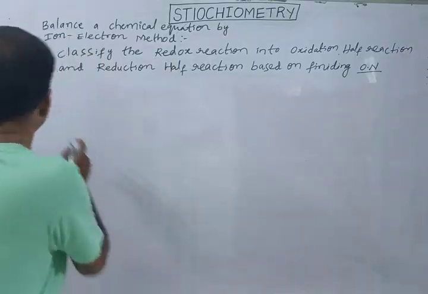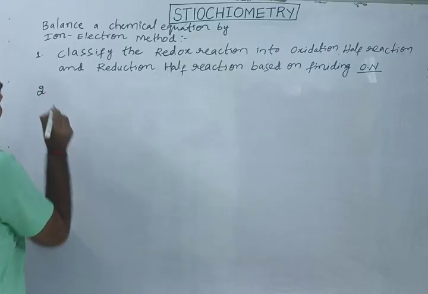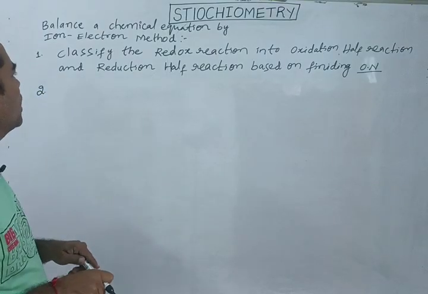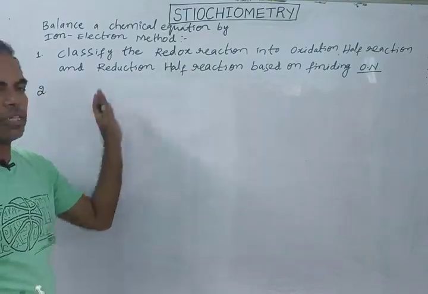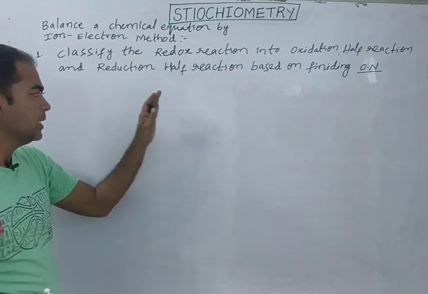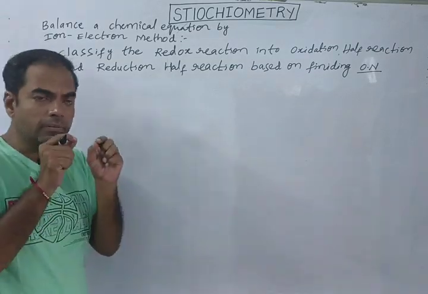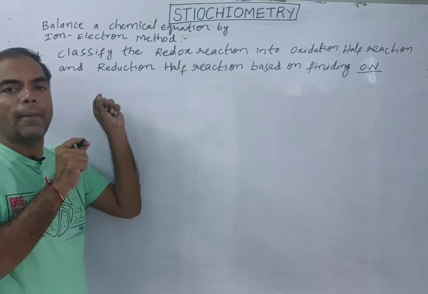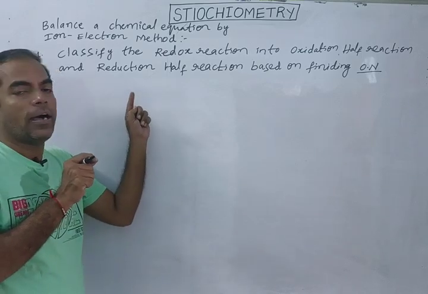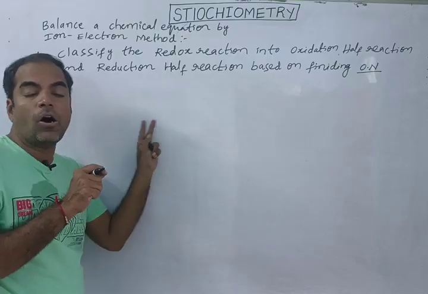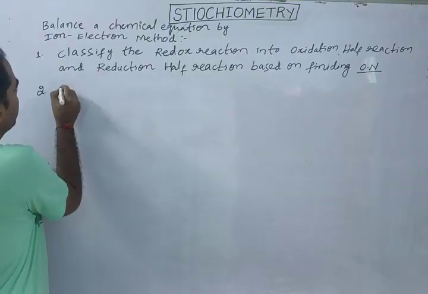Now the second step. After classifying the oxidation half reaction and reduction half reaction, in the second step, balance the atoms other than oxygen and hydrogen.